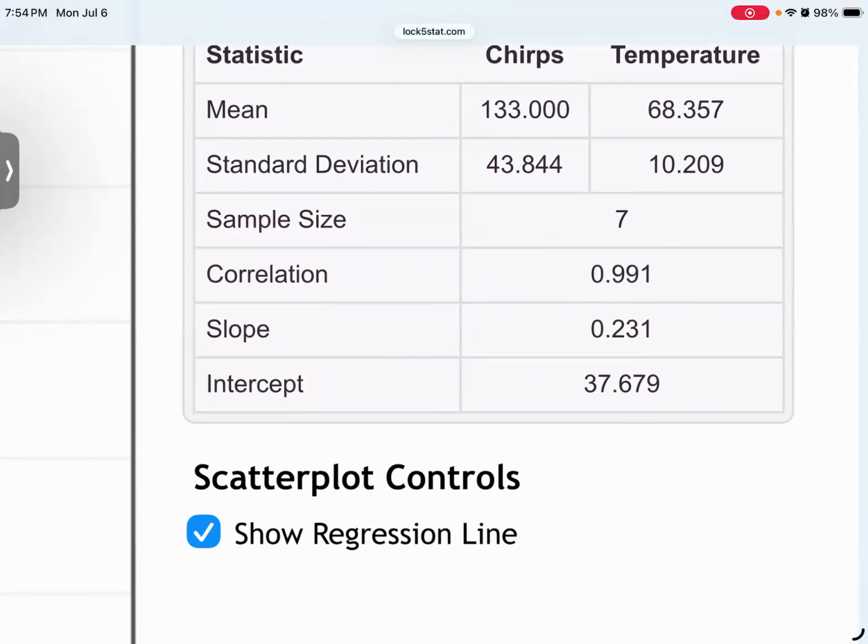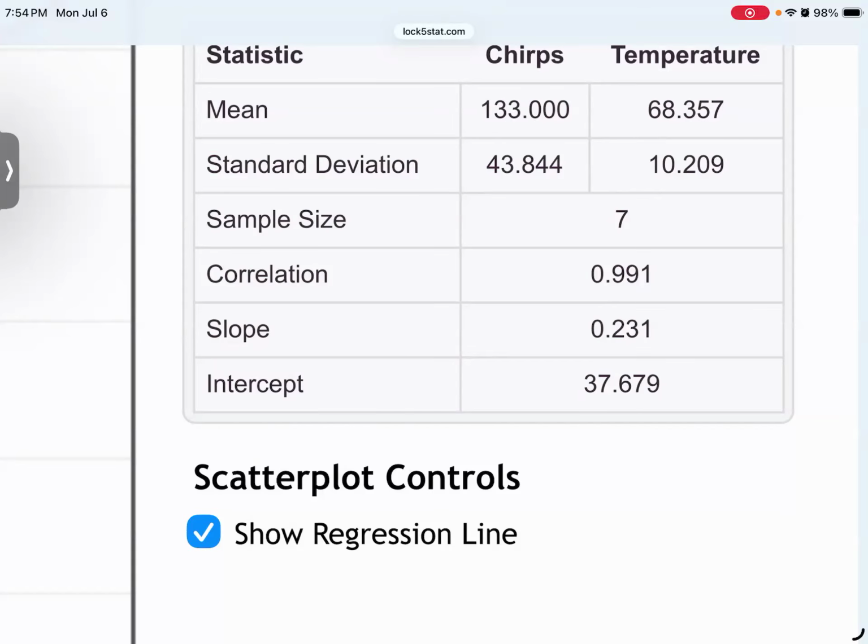The correlation is 0.99. So there's a strong, linear relationship between how fast crickets are chirping and the temperature. But more importantly, the reason why we're here is because we want the slope and we want the intercept. There's the slope. It's 0.231. And then also the intercept is 37.679.